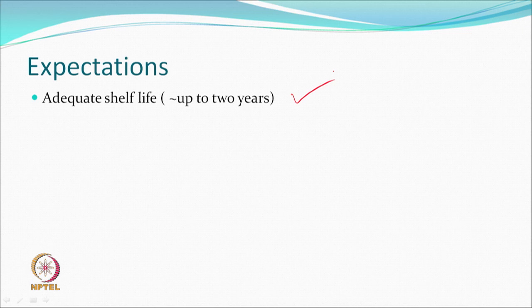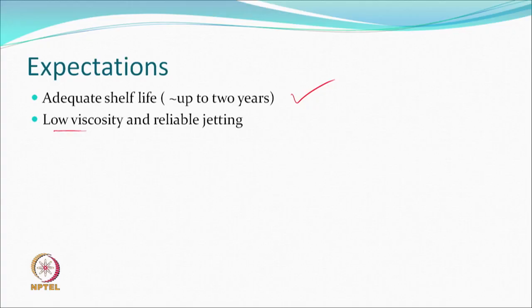That is the maximum we can think of. But the shelf life of the inks is expected to be up to 2 years. That means all the ingredients which we just discussed must remain functional and keep doing their functions. We expect low viscosity and reliable jetting, definitely.